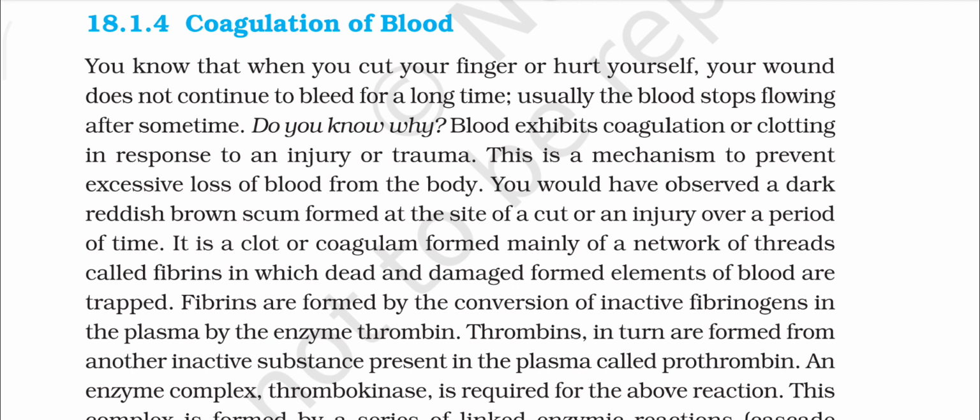You would have observed a dark reddish brown scum formed at the site of a cut or an injury over a period of time. It is a clot or coagulum formed mainly of a network of threads called fibrin in which dead and damaged formed elements of blood are trapped.